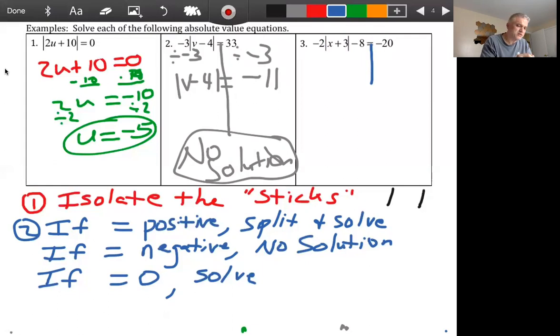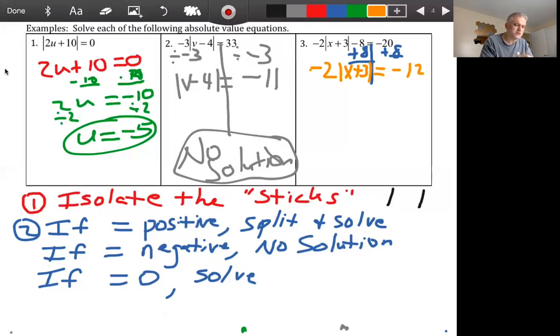So the -8, we're going to cancel with a +8. We're going to add 8 to both sides of the equal sign. And that gives us -2 times the absolute value of x plus 3 equals -20 plus 8, which is -12.